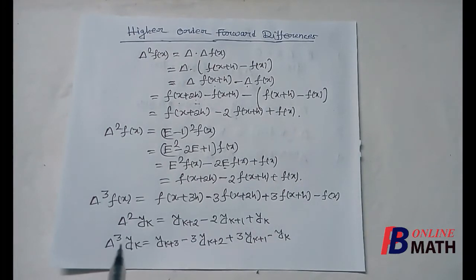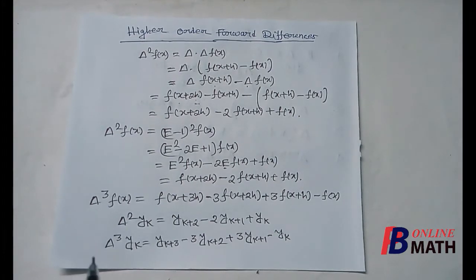And if we apply delta 3 times on y_k, we shall get y_(k plus 3) minus 3 times y_(k plus 2) plus 3 times y_(k plus 1) minus y_k. If you look carefully, you shall find that all these constants are nothing but the coefficients of binomial expansion. So using this shift operator, you can find higher order forward differences.